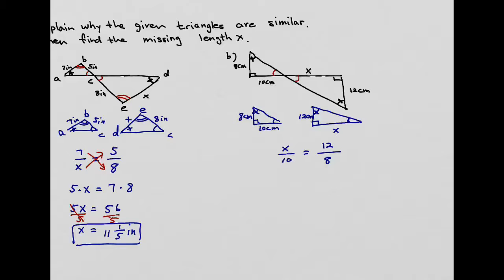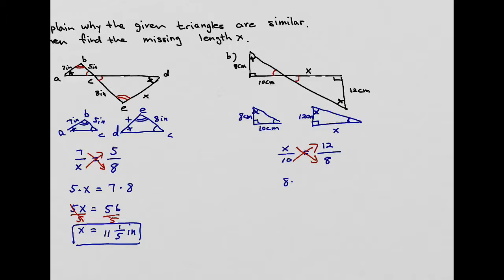We just want to make sure both top numbers come from the larger triangle, and both bottom numbers come from the smaller triangle. So then we use cross multiplication to get rid of fractions.